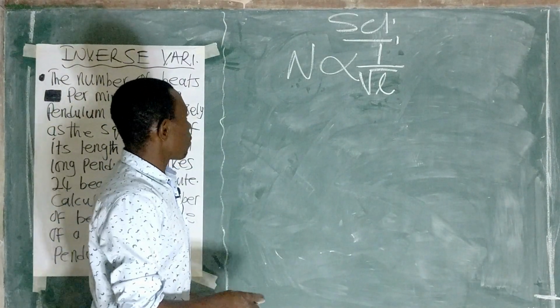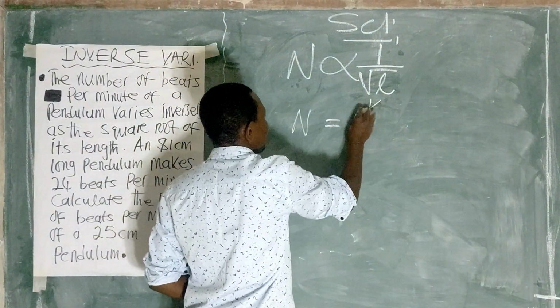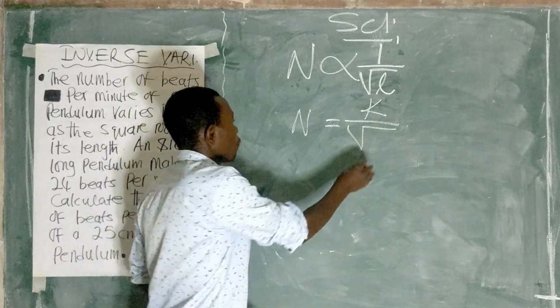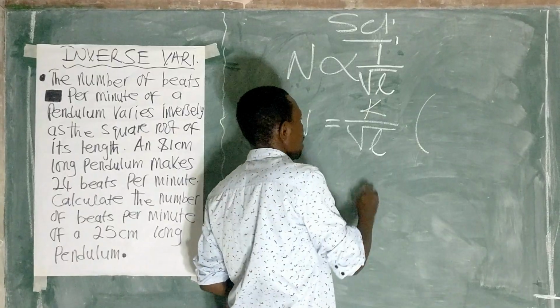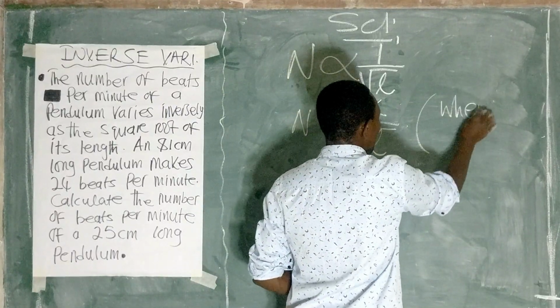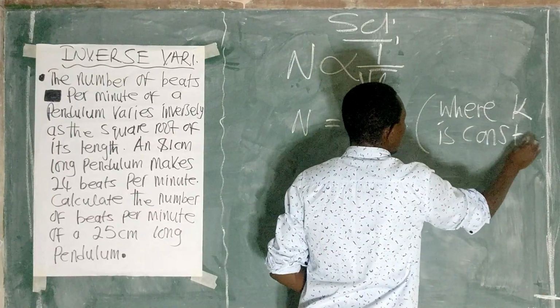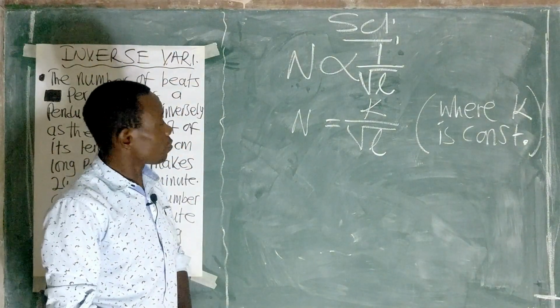The proportionality equation comes in as N is equal to a constant on top, and down here you have the square root of L, where K is a constant.